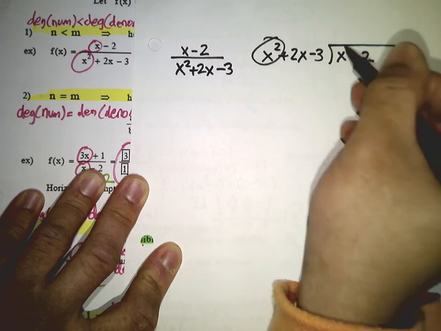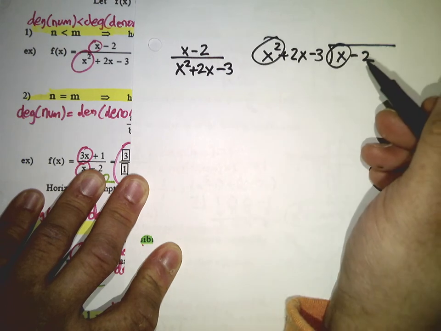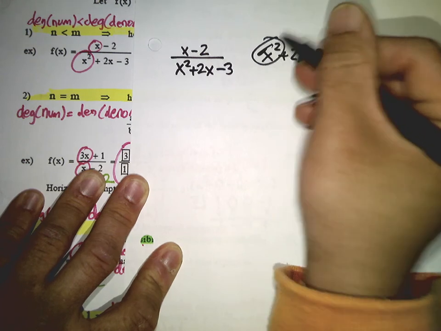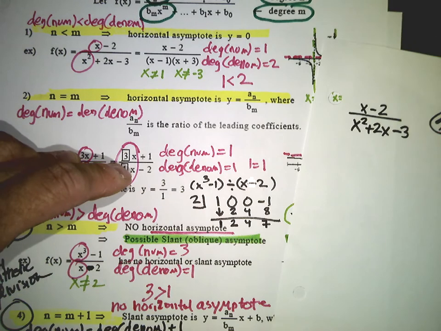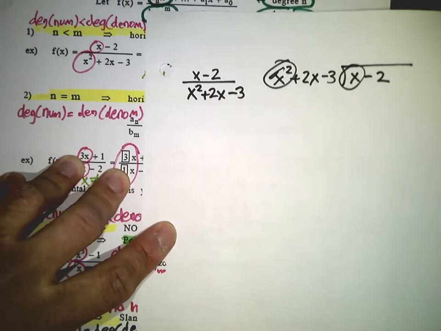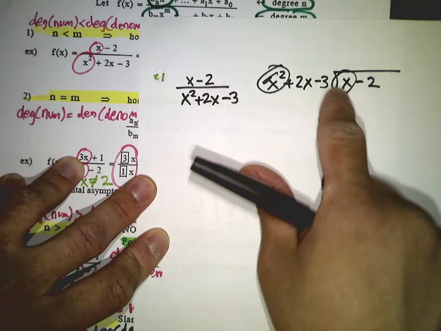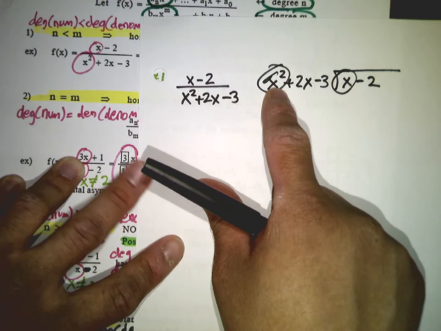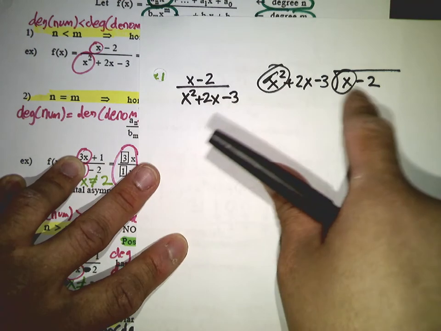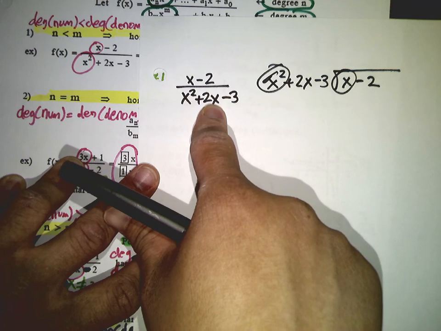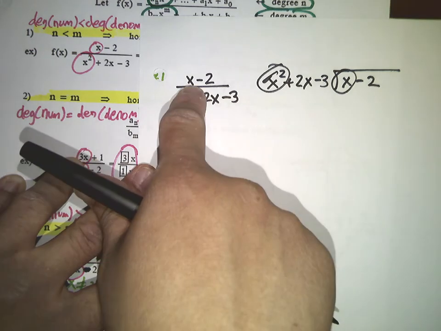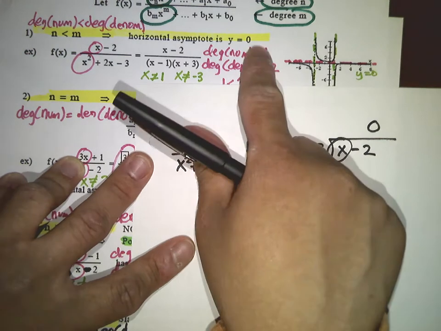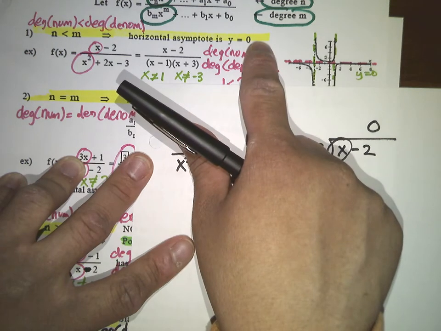If I do long division, then I have x and I have x squared, but I know that this x squared plus 2x minus 3 goes into x minus 2 0 times. So that's why the horizontal asymptote was y equals 0.